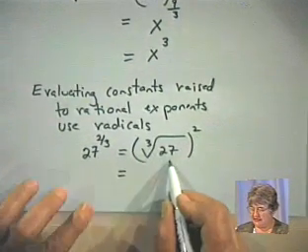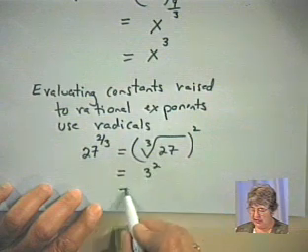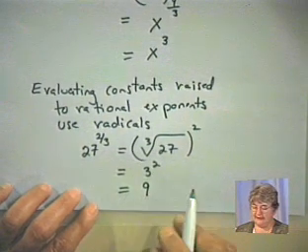The cubic root of 27 is 3, so we have 3 squared, and we end up with the number 9. Okay.